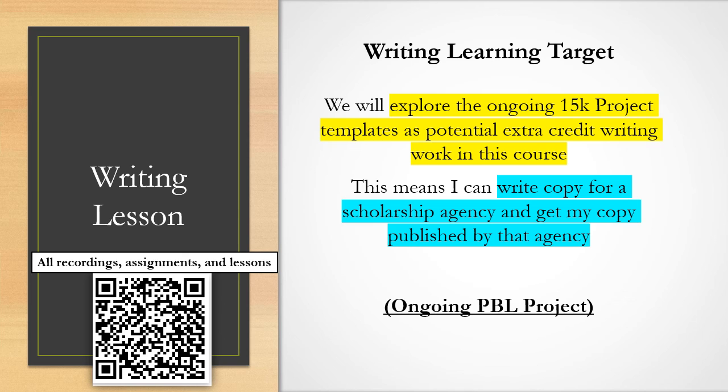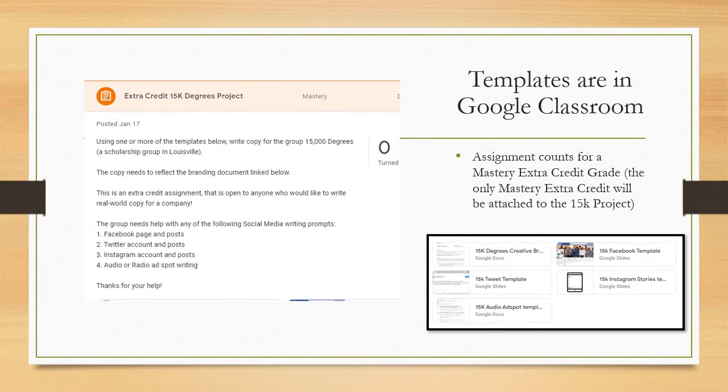Our writing lesson today, we're going to talk a little bit about the ongoing 15K project. The project is in Google Classroom. It is in the Mastery section. This is the only Mastery extra credit that I'm going to be doing for this semester. So if you're interested in getting some extra credit in the Mastery portion of the class, this is where to get it. What you'll do is you'll open that first document, the 15 Degrees Creative Brief, and that will give you some of the language that you'll be using for the rest of the assignment.